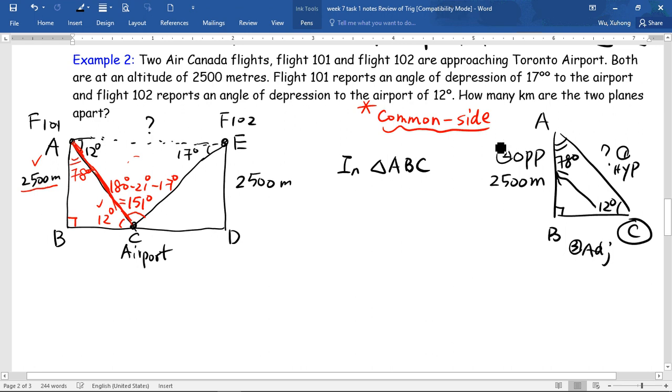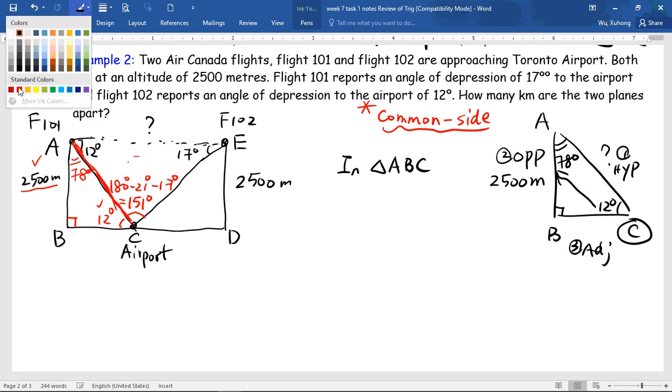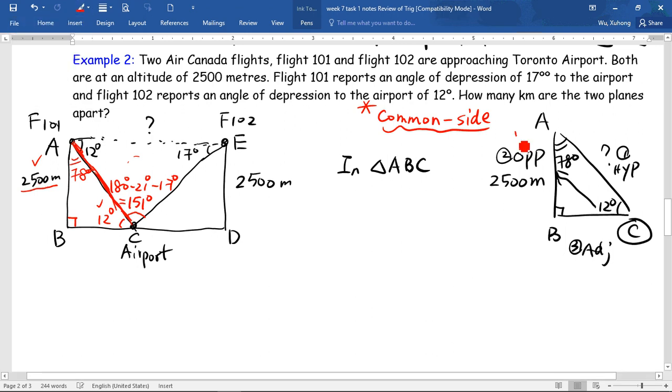In this one, we are going to see which ratio we are going to use. We have the opposite given and the angle given, hypotenuse unknown. So we are going to write SOH-CAH-TOA out. The angle is given, so sine 12, cosine 12, tangent 12, all given. And this one, the opposite, is given, and we look for the hypotenuse.